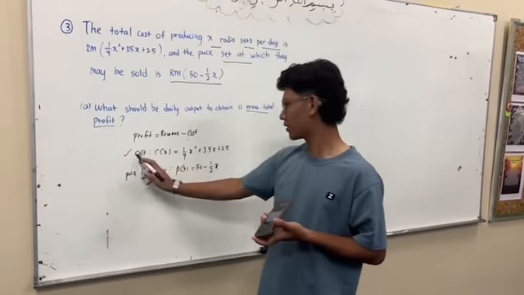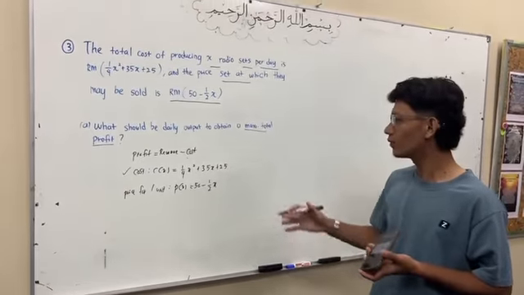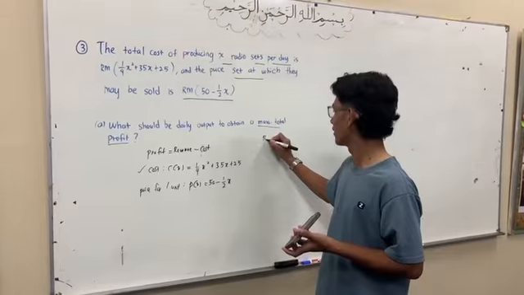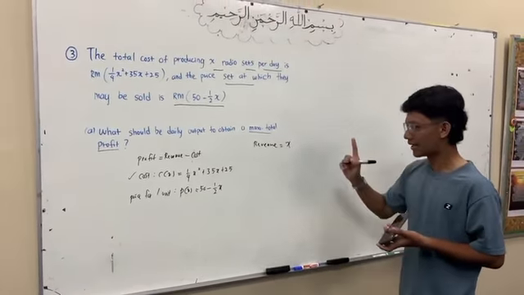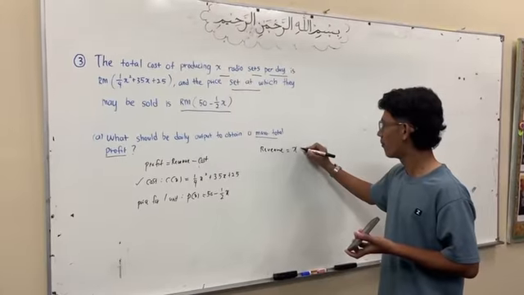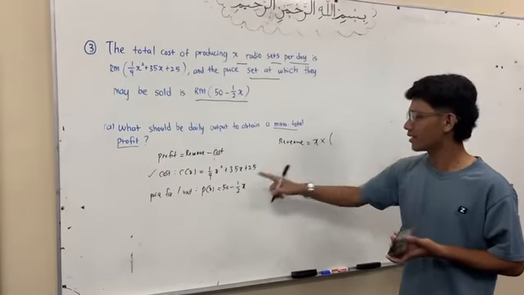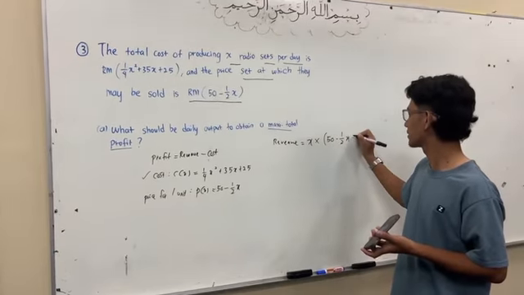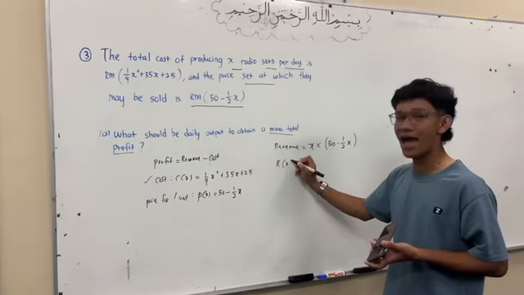So for the cost, we have cost, but we don't have revenue, so we need to find the revenue. Revenue is equal to x times the price, which is 50 minus half x. So the revenue I label as Rx.